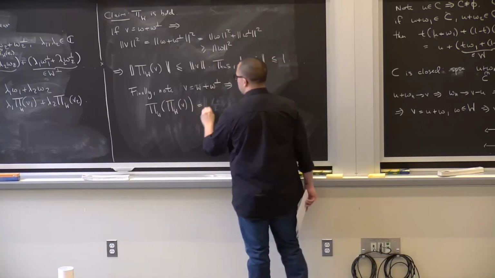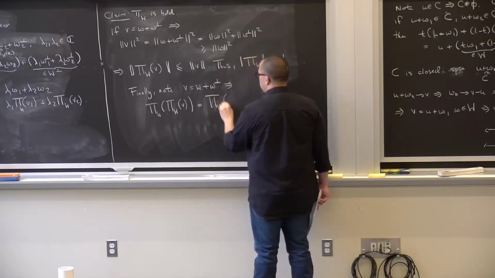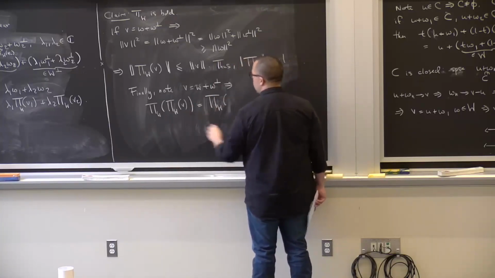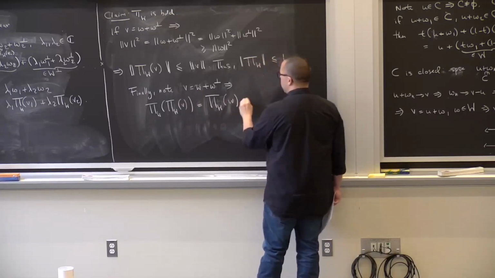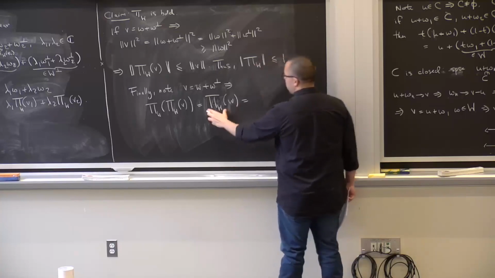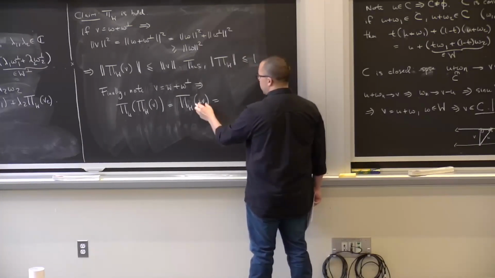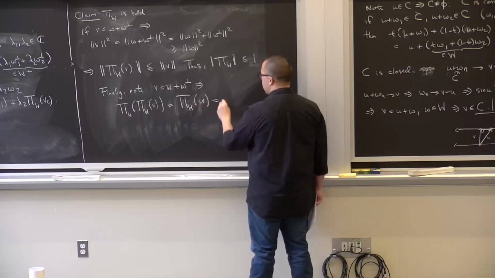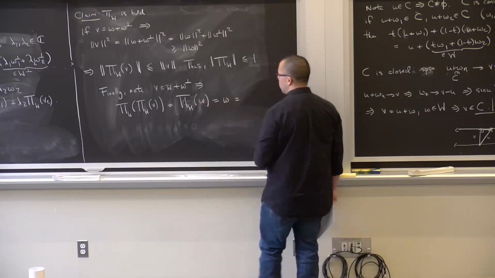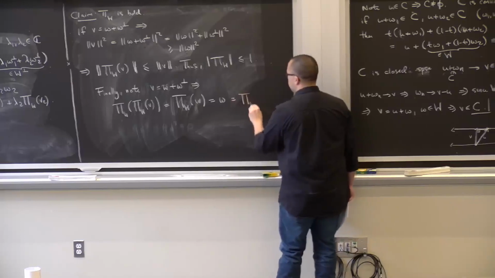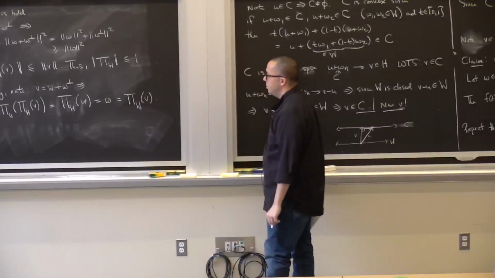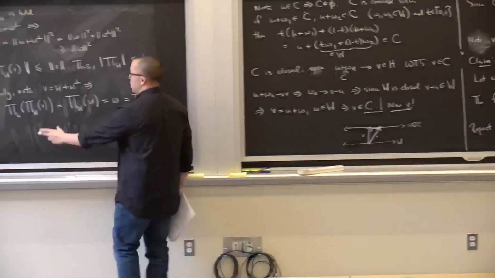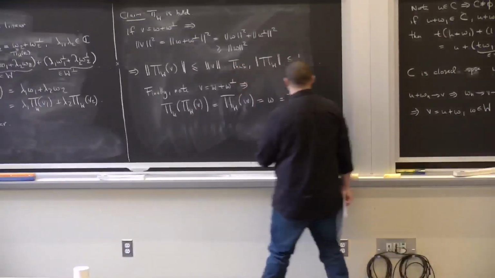So this is equal to the part of this that's in W. Now, this is equal to little w. And again, this picks out the part of the element in here that's in capital W, but this is in capital W, so this is just equal to w. And this is, by definition, again, equal to pi of v. So we've shown that pi squared of v equals pi of v.